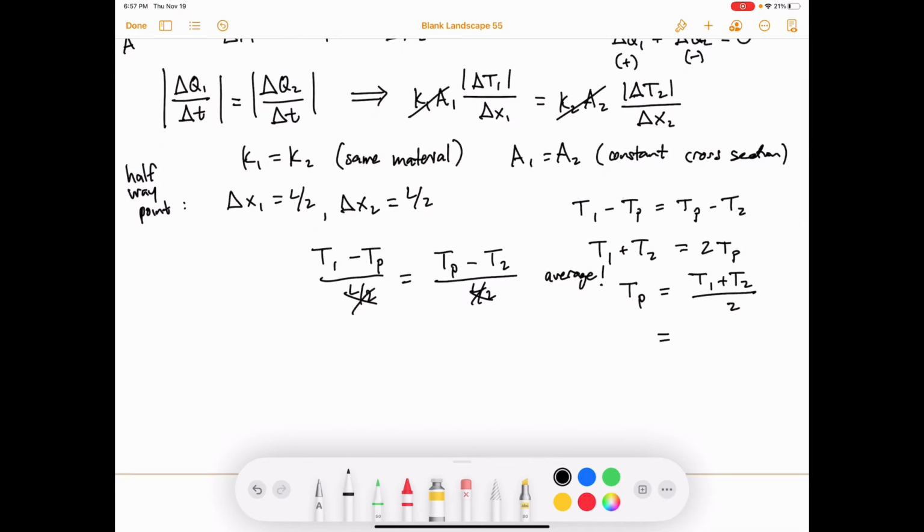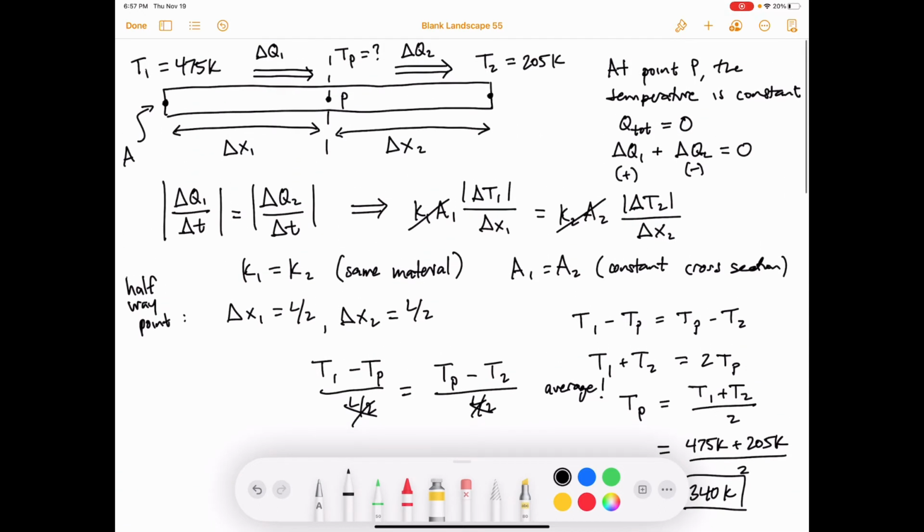So the average of the two temperatures is T1, which we said is 475 K, plus T2, which is 205 K, divided by 2. And what do we get? We get 340 K. So the temperature at the midpoint in terms of distance is actually halfway between the two temperatures.